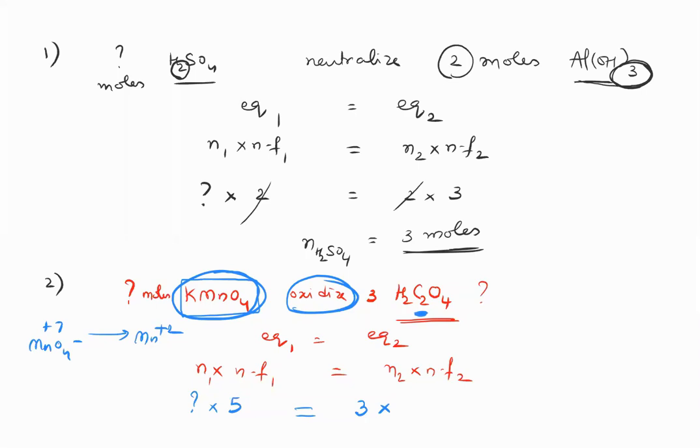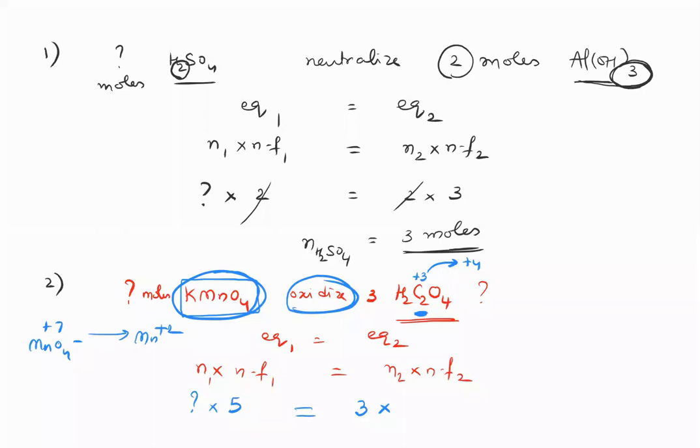So who will get oxidized? Carbon. What is its current oxidation number? +3. If I am asking it to get oxidized, it has to go to a higher state, and the highest for carbon is +4. So it has no choice.